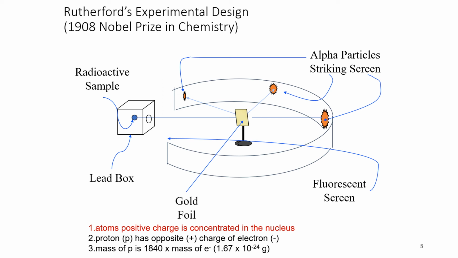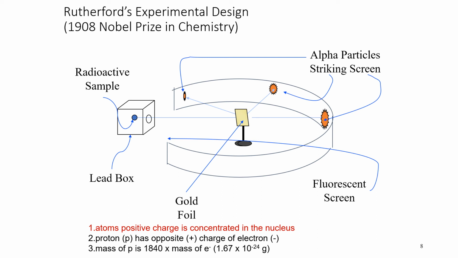So it was proposed that atoms have a positive charge within them, and it is concentrated in the nucleus. Updating our understanding of the structure of the atom, we now have identified the proton, or that positive charge. It has a +1 charge, and the electron is a -1 charge.